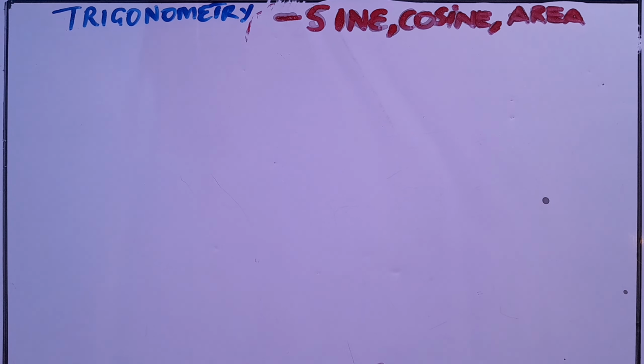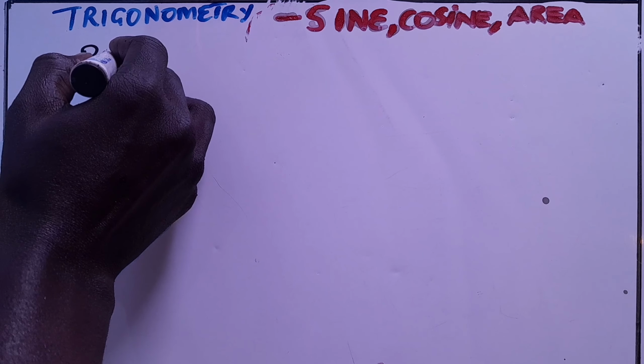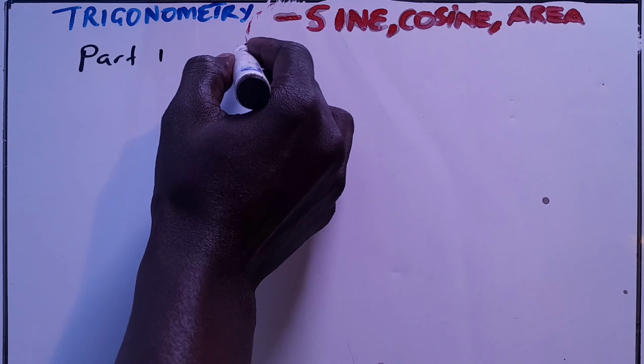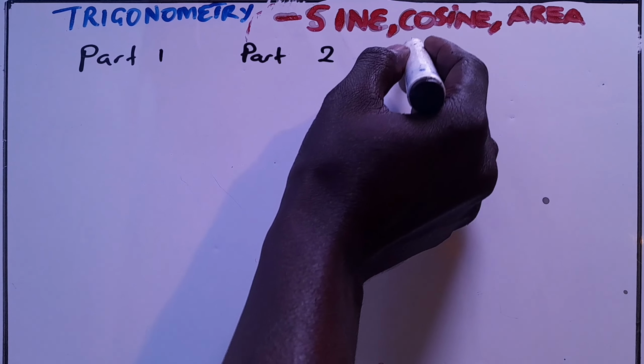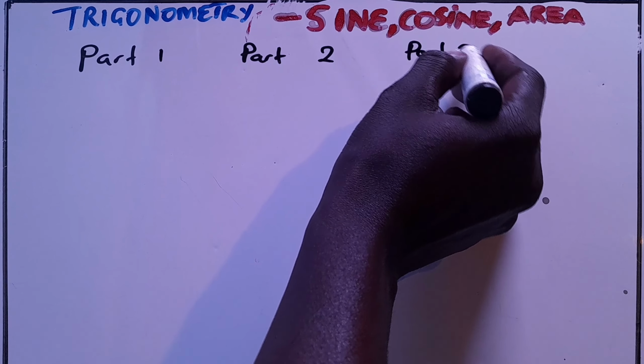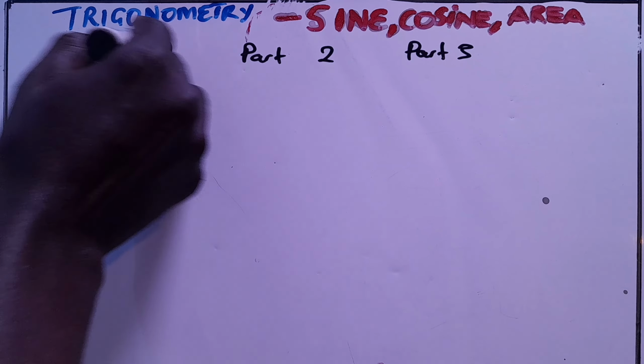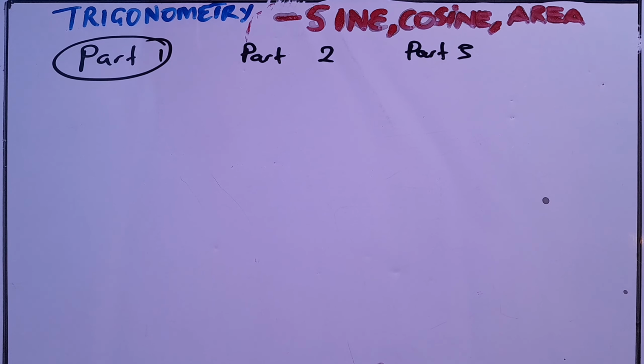So today we're going to do sine, cosine, and area rule under trigonometry. When I started the trigonometry sessions, I mentioned that there is part 1, part 2, and part 3. Part 1 mostly focuses on the triangles themselves, like the ratios and all that.